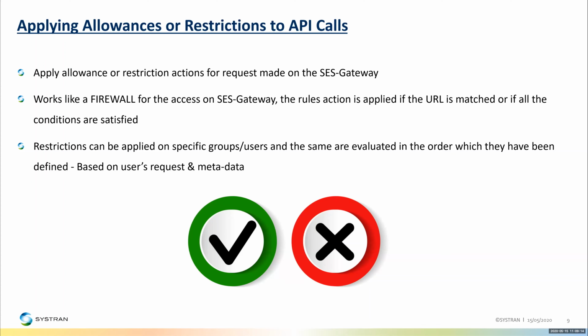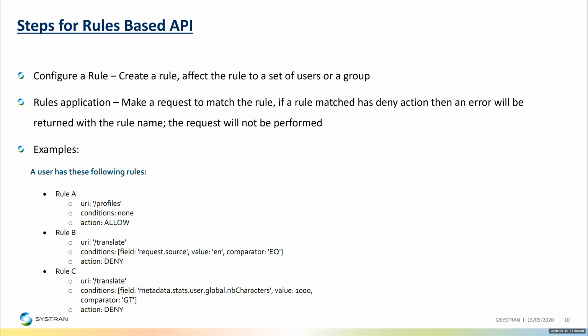And if the conditions are satisfied, the user, or a group of users, would be allowed access to do certain tasks, like translation. You can define the expressions for that. So it's not just for users. As I said, it can be applied to a group of users. Just to show an example of how to create a rules-based API, in configuration, you can create a rule and assign the rule to a set of groups and users.